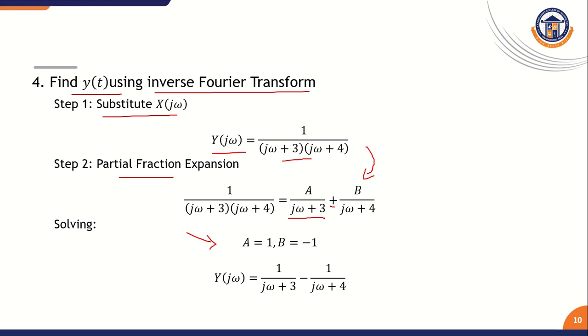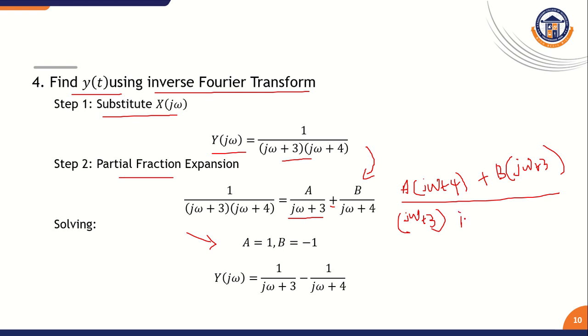We can take the LCM on the right-hand side, that is a into (j omega plus 4) plus b into (j omega plus 3), divided by (j omega plus 3) into (j omega plus 4). After taking the LCM, our terms come like this: a into (j omega plus 4) plus b into (j omega plus 3) divided by (j omega plus 3) into (j omega plus 4).